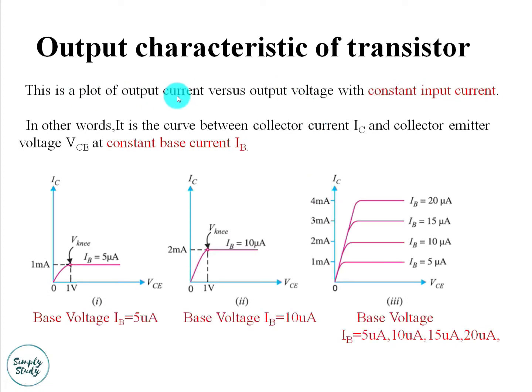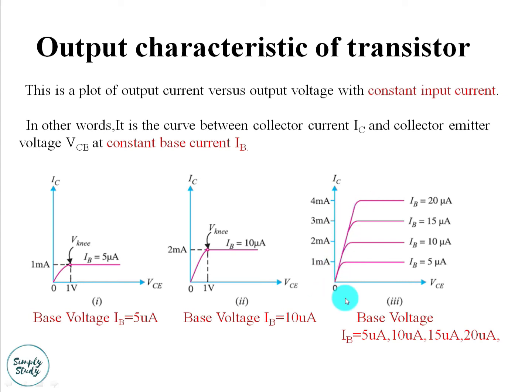Output characteristic of transistor. This is a plot of output current versus output voltage with constant input current. In other words, it is the curve between collector current IC and collector emitter voltage VCE at constant base current. The collector current IC varies with VCE between 0 and 1 volt only. After this, IC becomes almost constant and independent of VCE.